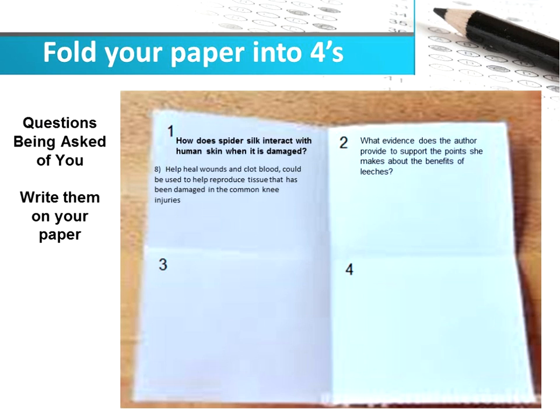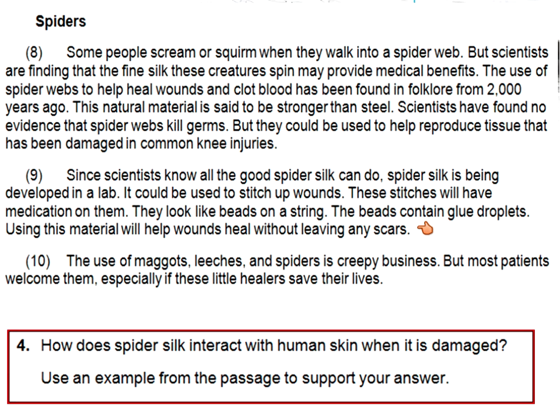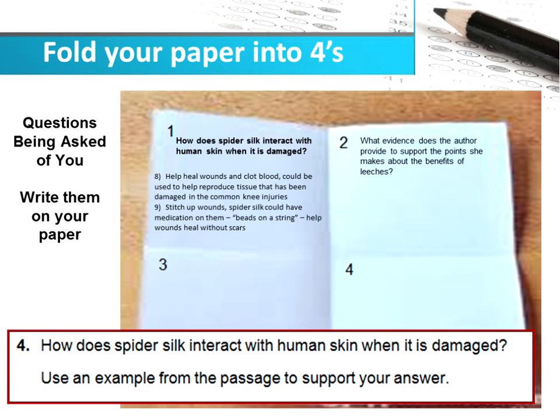Now, if we were to carry on to paragraph 9, we could do the same thing and add on a little bit more. You guys already did that. We could include: stitch up wounds. Spider silk could have medication on it.